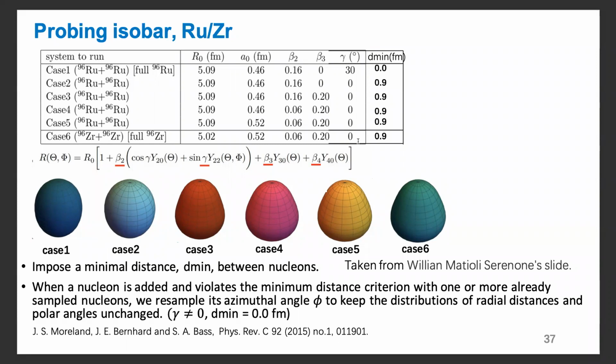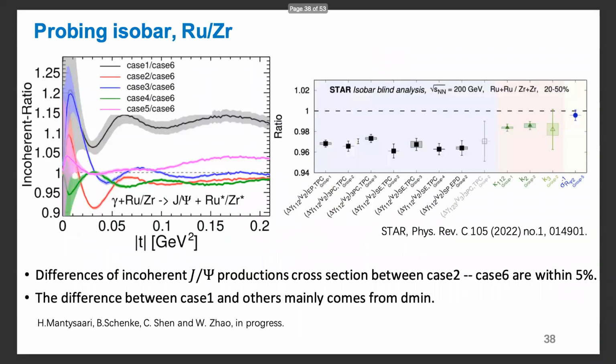So in other words, if we want to impose the non-zero d minimum, we have to assume gamma is 0. But if on the other hand gamma is non-zero, we have to set the d minimum to 0. And this is the incoherent ratio of isobar with different cases.